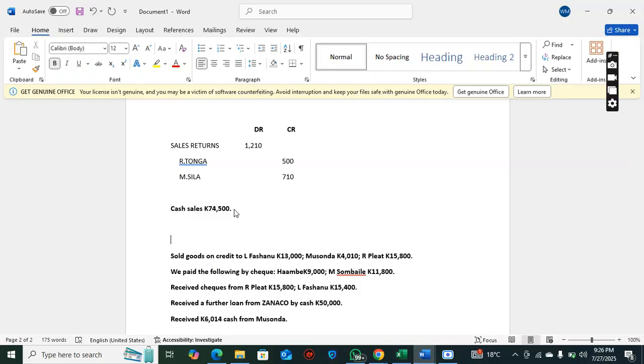Cash account, yes. Yes, cash account and yes. So cash account and sales revenue.